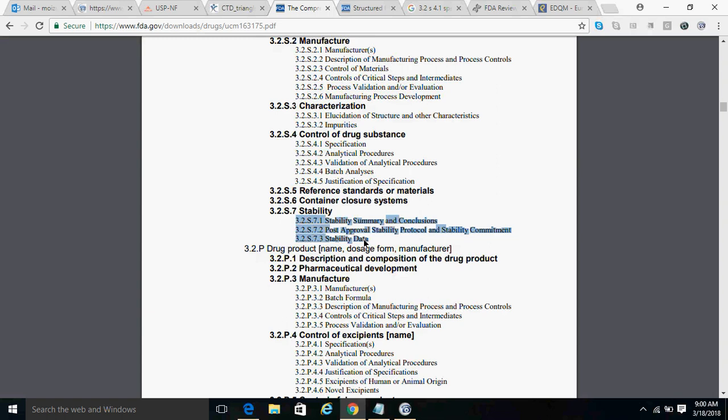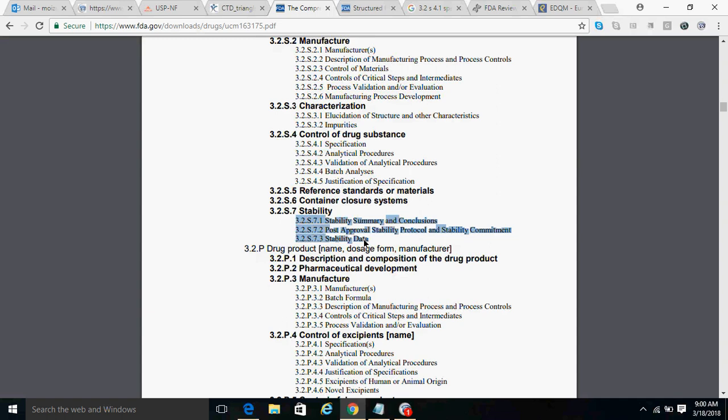Like this, they establish that our drug is good for 24 months. They take out a small sample of the drug, keep it in a stability chamber, leave it, and they will take three samples at three different temperatures: low temperature, medium, and high temperature. For the USA, they want 25 degrees, 35 degrees, and 45 degrees centigrade.